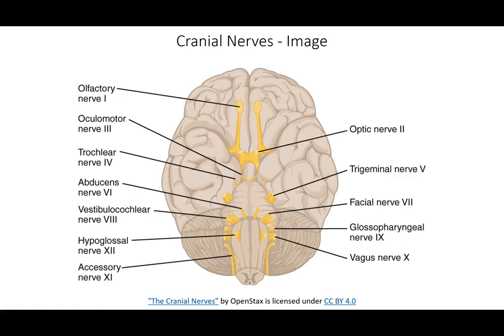All right. And so depending on where the axons originate determines whether they're sensory, motor, or some combination of both. All right, so if the nerves originate out of sensory ganglia that are external to the cranium, they're going to be sensory nerves. If they come out of motor nuclei within the brainstem, they'll be motor nerves.